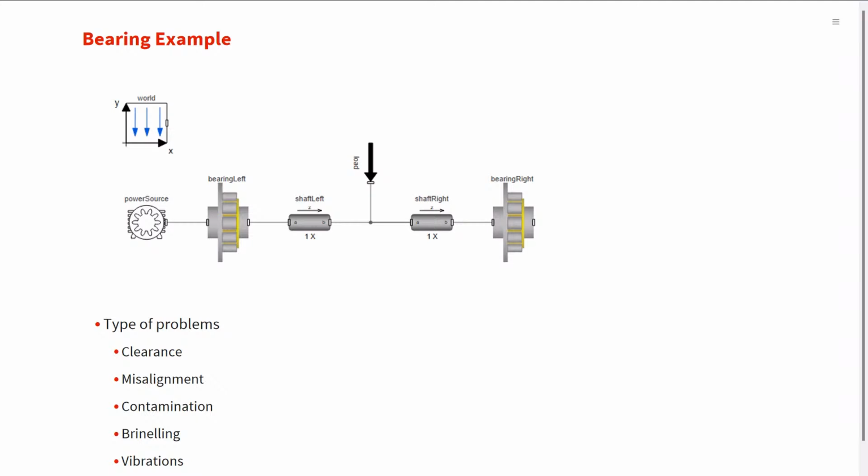Brinelling and contamination are prime suspects for the defect in our bearing. Brinelling can leave permanent marks on the roller and outer cage due to excessive force, while contamination can get into the bearing, damaging the inside, unseen but not unfelt.